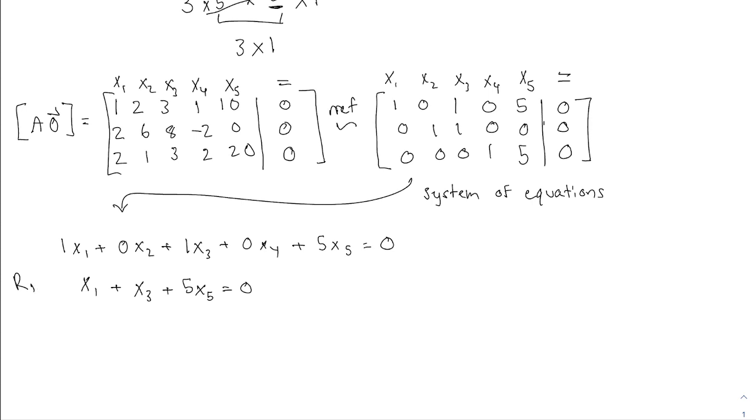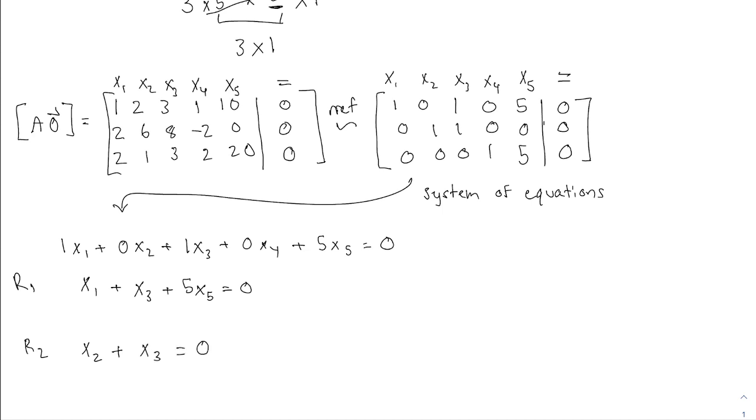Okay. For row 2, I'm going to skip along and not include my zeros, because as you can see in the last one, they just disappear. But we have 1x2 plus 1x3 is equal to 0.